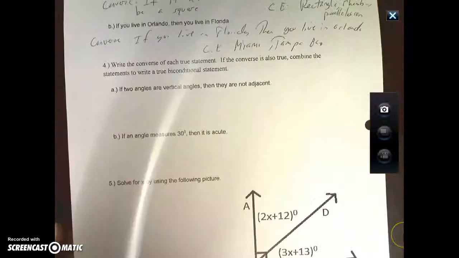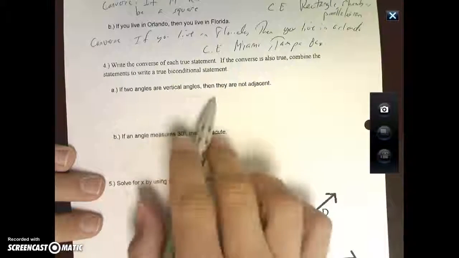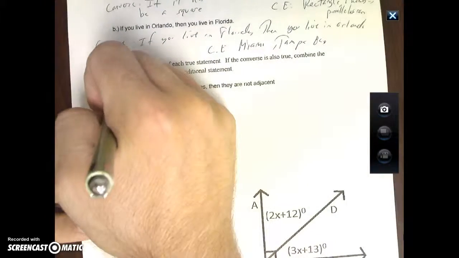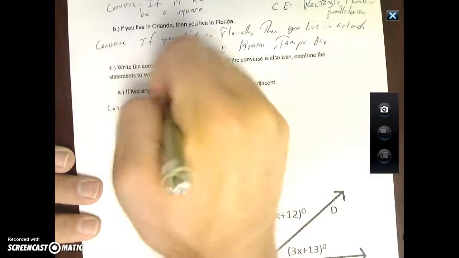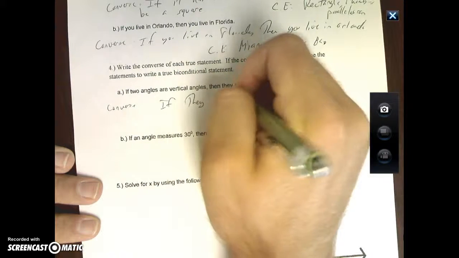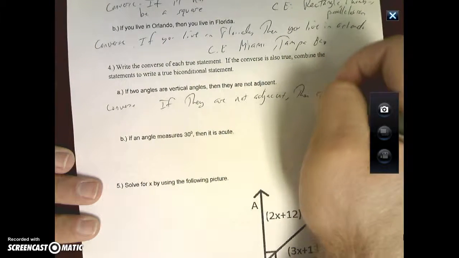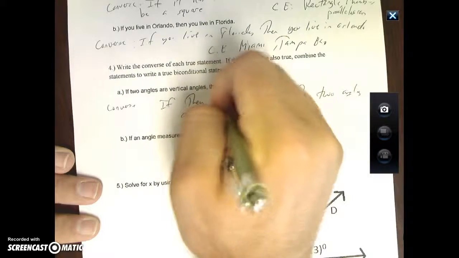Cool. Number 4, write the converse of each true statement. If the converse is also true, combine the statements to write a biconditional statement. If two angles are vertical angles and they are not adjacent, converse. If they are not adjacent, then two angles are vertical.